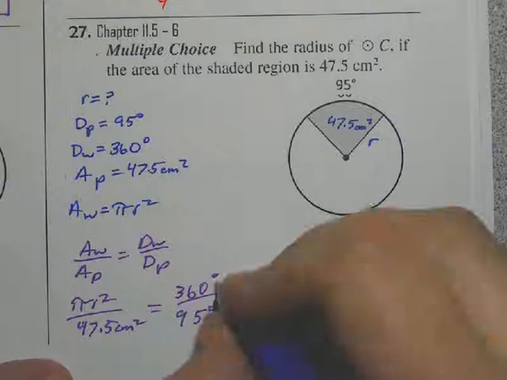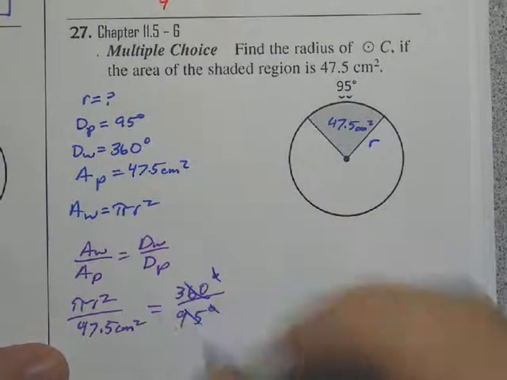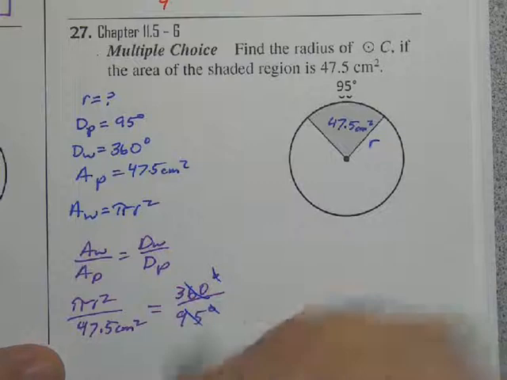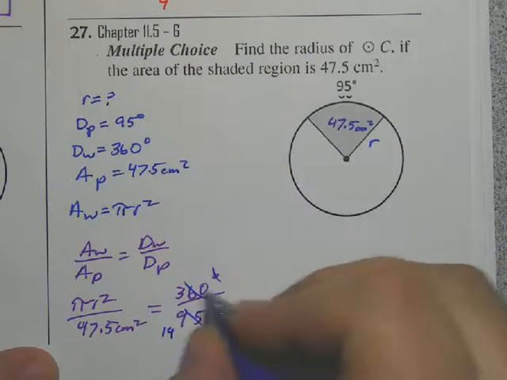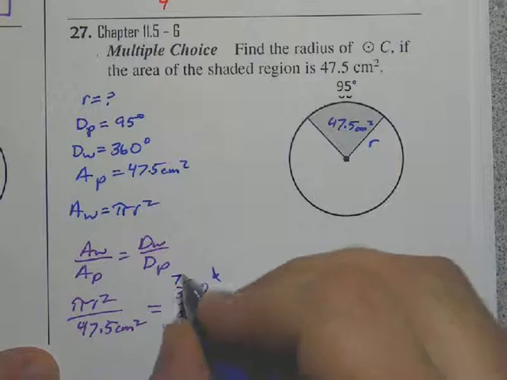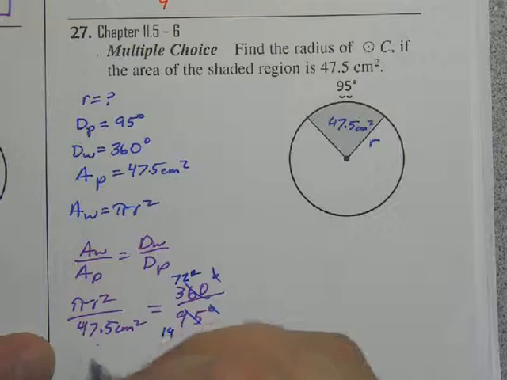Good, so degrees and degrees can cancel out. I'll go ahead and reduce 360 over 95. 5 goes into both of those, and that'll be 19 on the bottom, and 360 divided by 5 is going to be 72, and the degrees are gone. So multiply both sides by 47.5 and divide by pi.